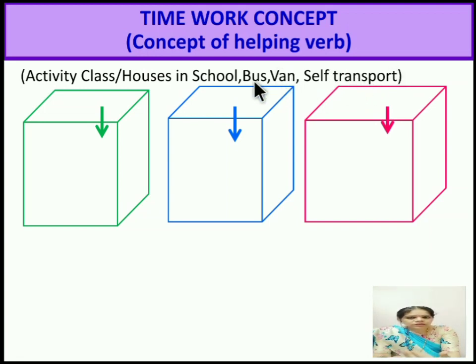While leaving from the school, you were supposed to indicate on your sleeves or your arms that I will be going by bus, or the child will be going by van, private van, or the child will be picked up by the parents themselves. That sort of housing categorization will be called present, past and future tenses.